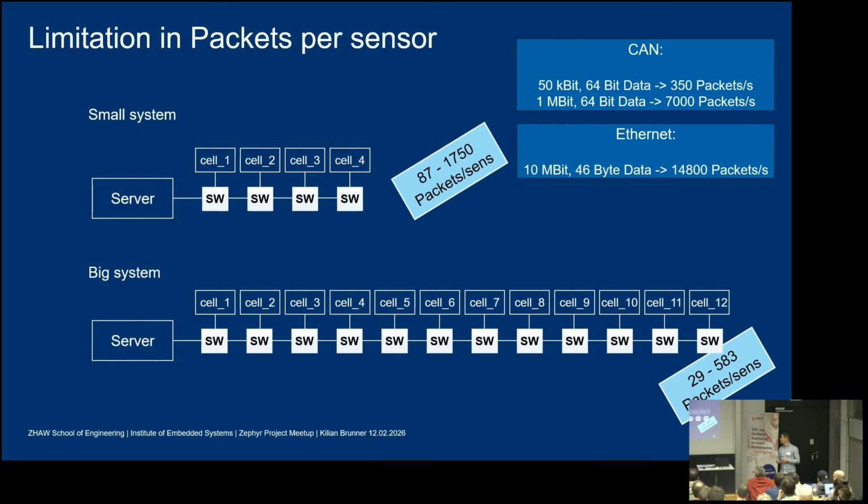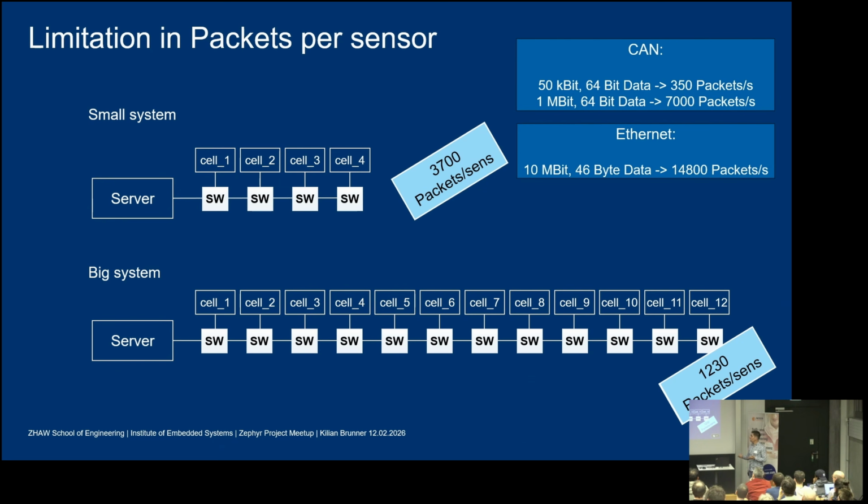If we subtract the destination addresses, frame checksum, and so on, we get 64 bytes of data, which is much more than in the CAN example. And we see we almost have 15,000 packets per second. So this leads to much more packets per sensor. So also here we have at least one advantage.